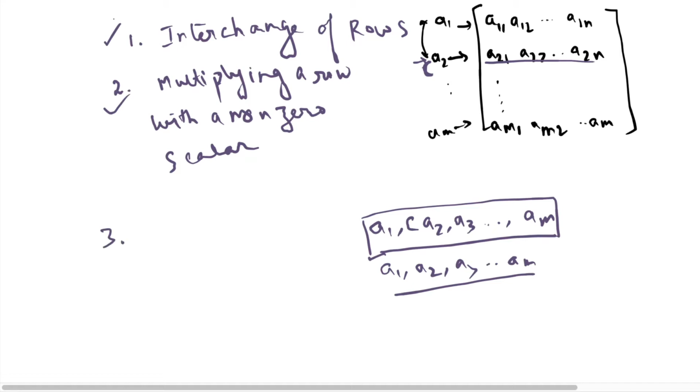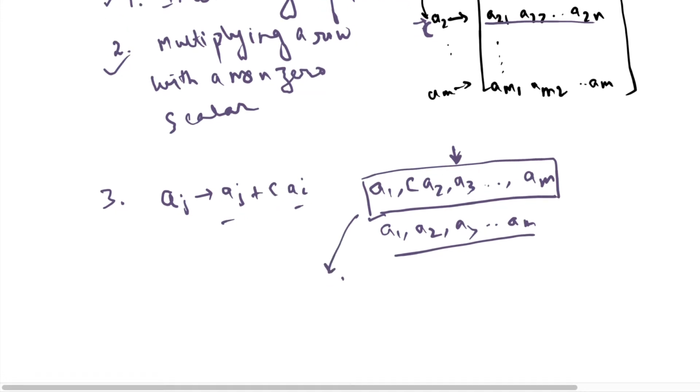And the third one is again very simple. The third one is basically you replace, let me write it down in symbols, the jth row with Aj plus c times Ai, right? So all you're doing is essentially replacing one of the row vectors here. Let's call it A3, in fact. So if you apply the third rule, now A1, A2, and the third row becomes A3 plus c times some other vector, let's say A1, and then A4, and then dot till Am, right?